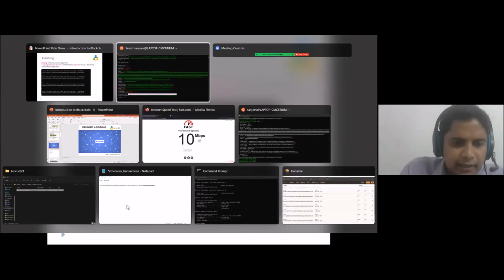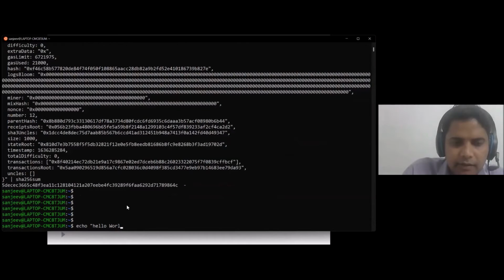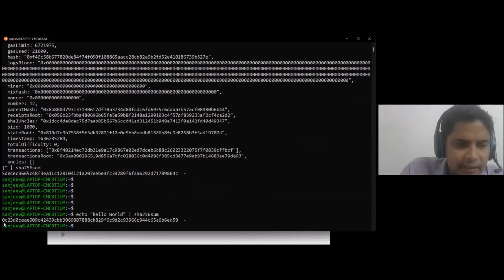So if I echo hello world, this is the command to generate a hash. You can see that it is C023D0. If I change the H to capital, it will be entirely different.